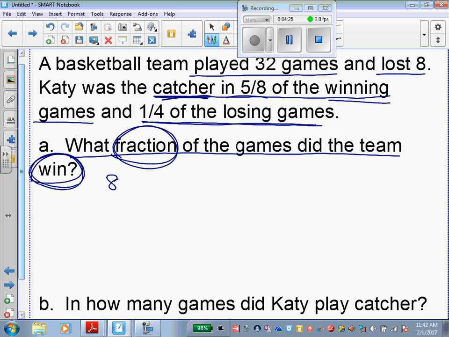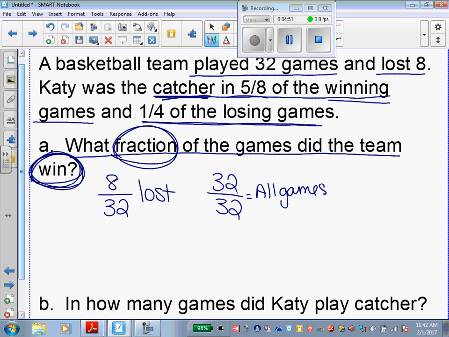So they lost 8 out of the 32 games. 8 out of 32 games were lost. But the question says, what fraction of the games did they win? So if the 32 out of 32 is all the games, what can I do to figure out how many games they won?